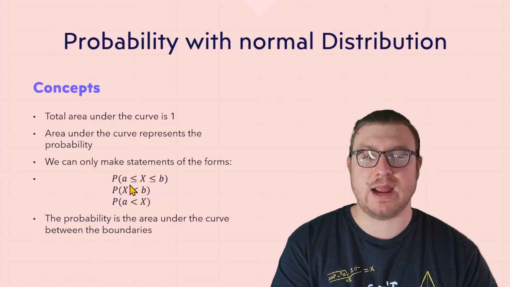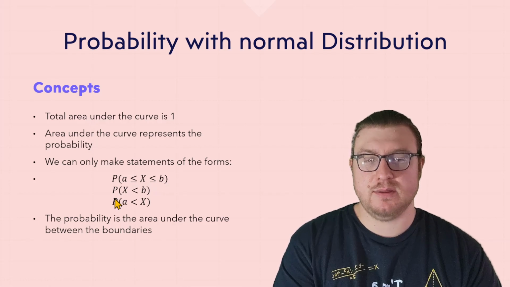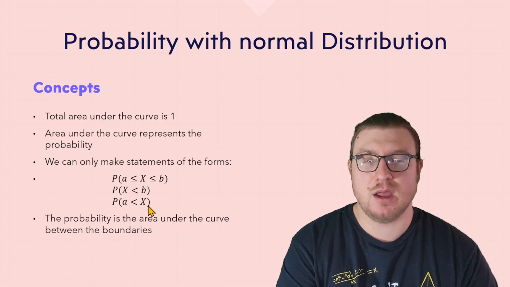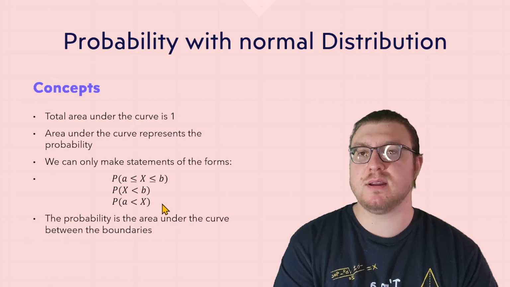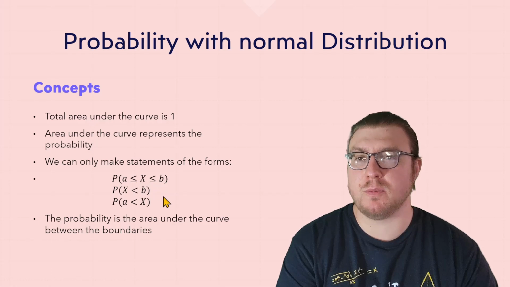So if we have this form, that means x is between a and b, larger than a, smaller than b. And in this notation, we have the probability that x takes on values less than some value b, and x is greater than a. Now here you can see both of these use less than signs, and here I included the equal part.